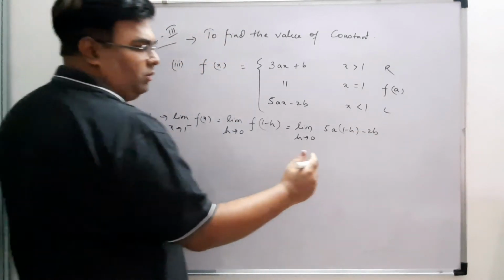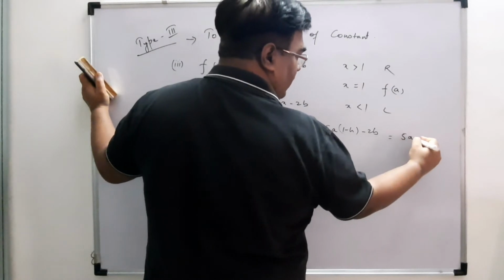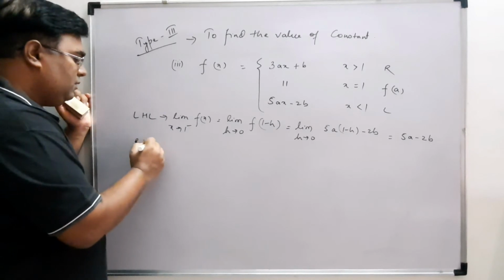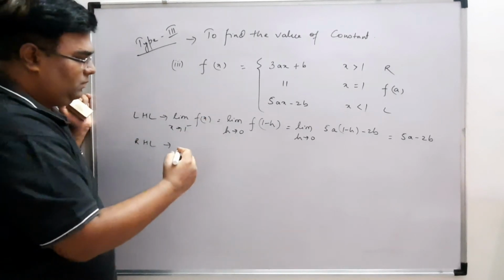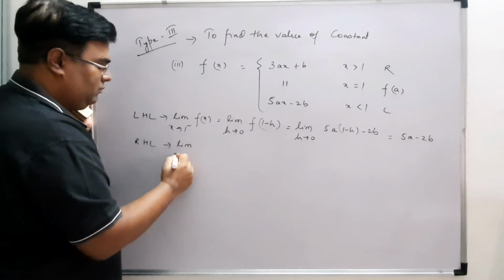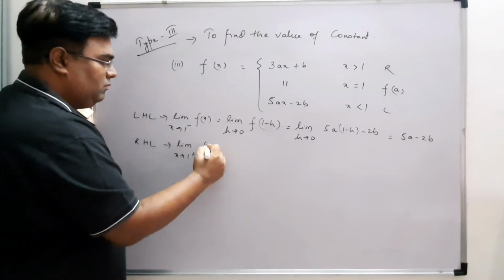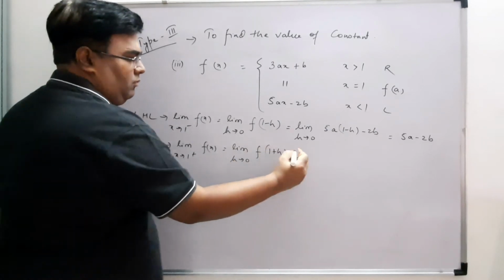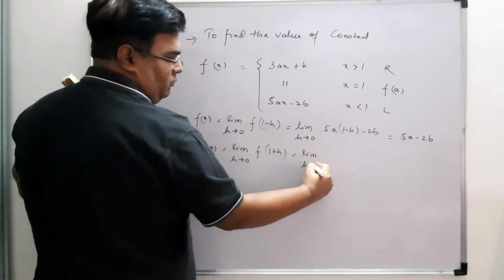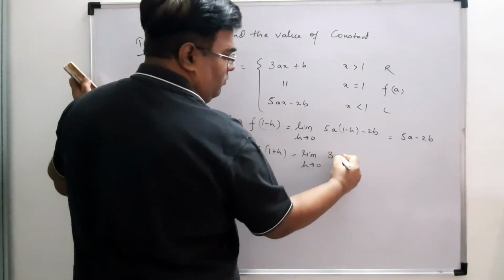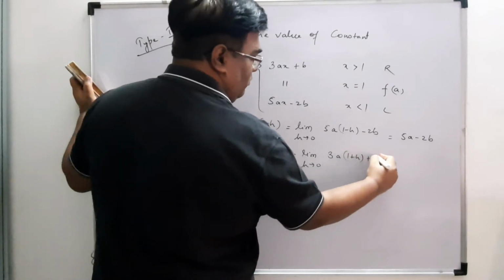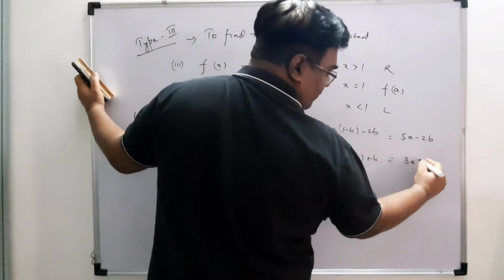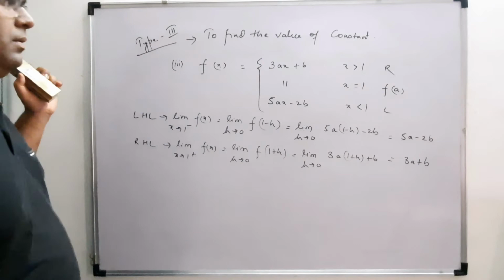Now putting h equal to 0, we will get 5a minus 2b. Your RHL, by putting h equal to 0, you will get 3a plus b.